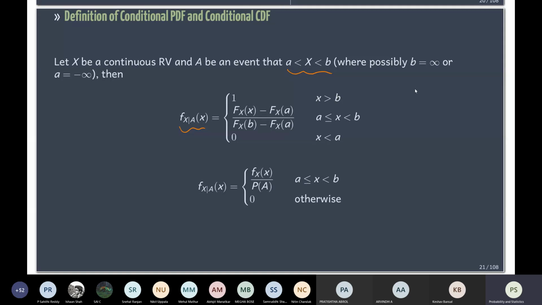If someone gives me the CDF, and we are given that X lies between A and B, then I can use this. Similarly, if I have to find, moreover, this is actually a conditional, so this is like X given A. That can be found like this.